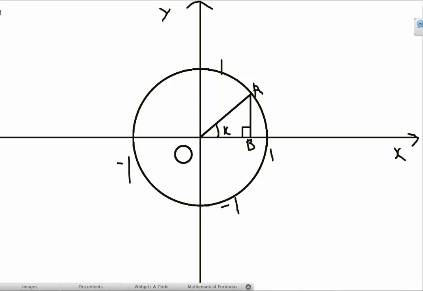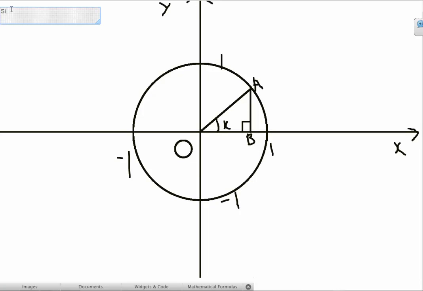Alright, so first off, I'm going to prove that cos x is simply sine of 90 minus x. Let's say sine x is AB, which is this length, divided by OA, which is 1. So we get that AB is sine x.